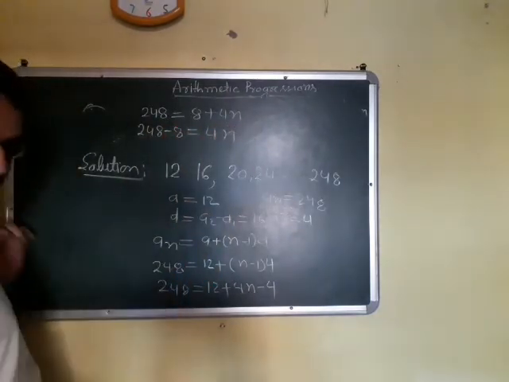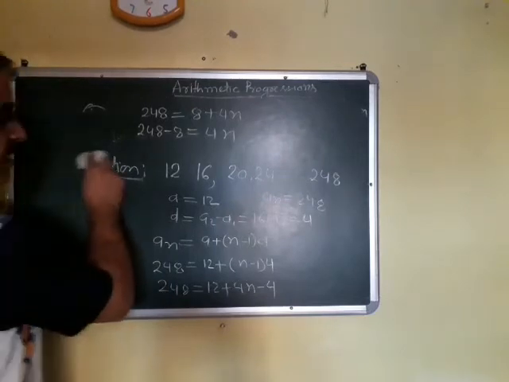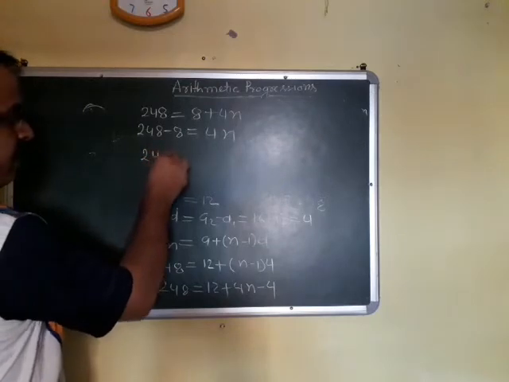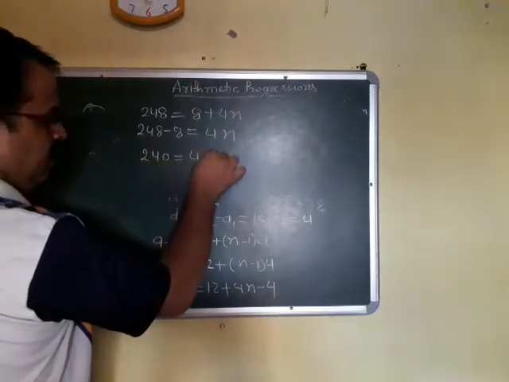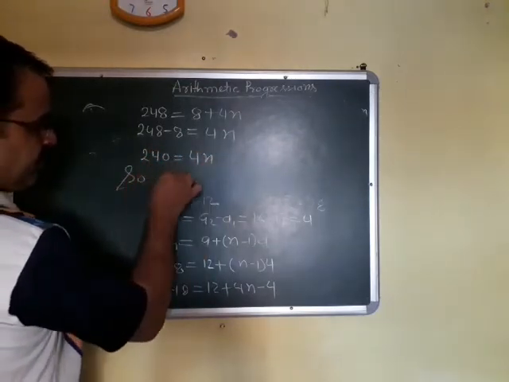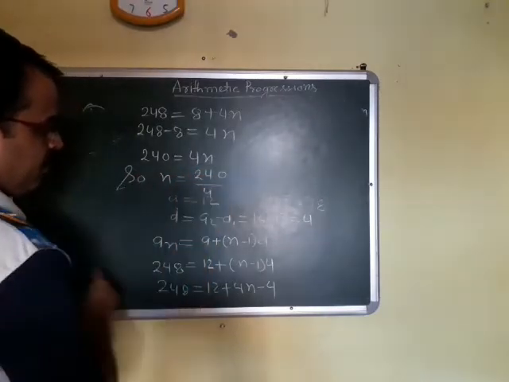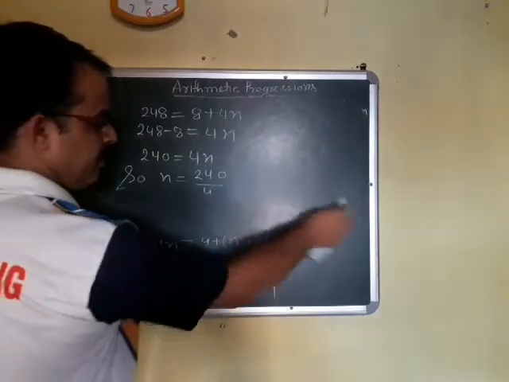So 240 is equal to 4n. So n is equal to 240 upon 4.